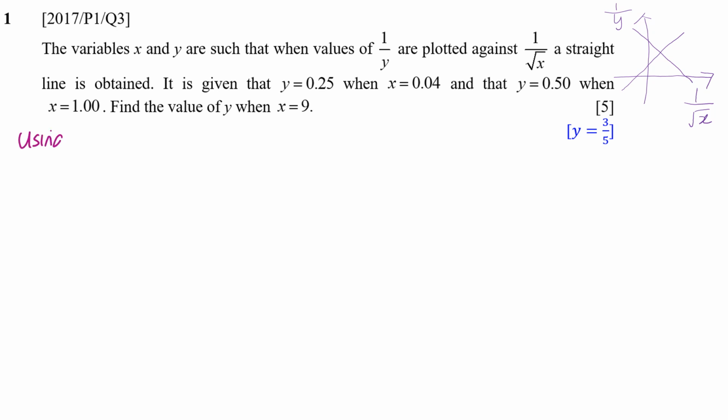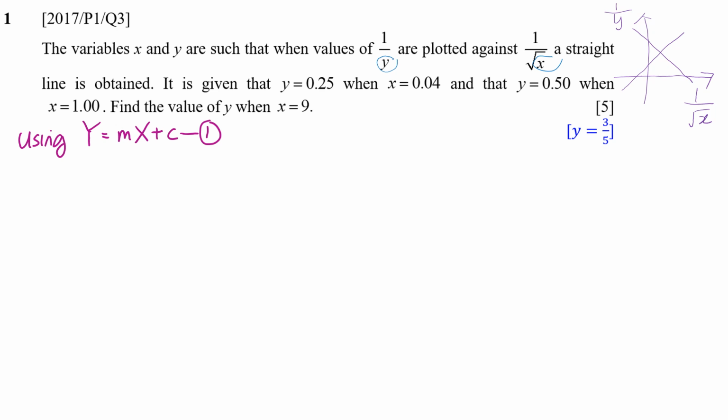We're going to use uppercase Y, so that you do not confuse it with the variable y. So we're going to use uppercase Y to represent Y equals to m uppercase X plus c. So m will be the gradient of the straight line and c will be the y-intercept.